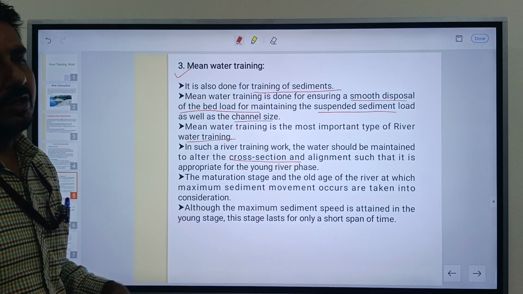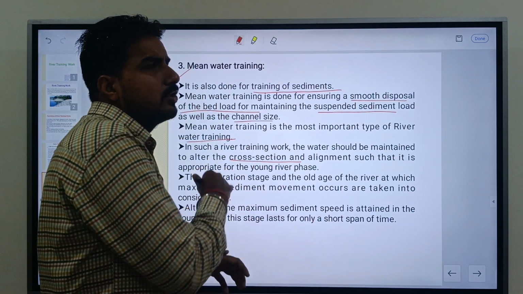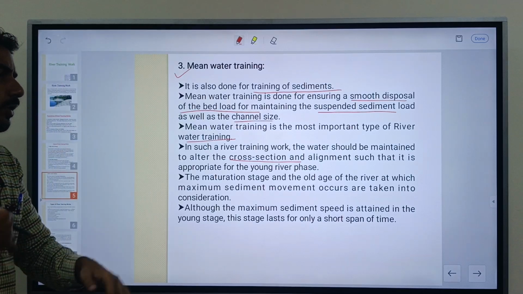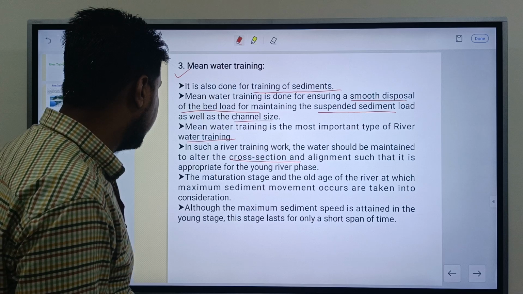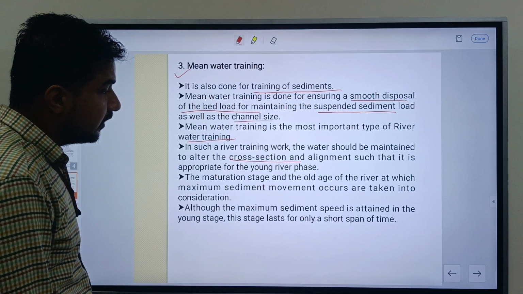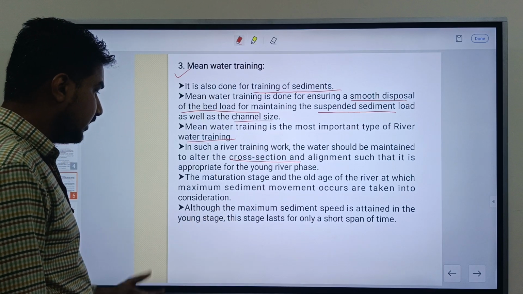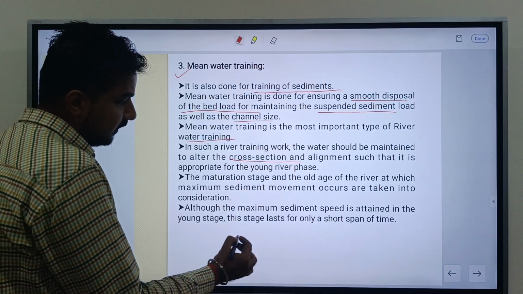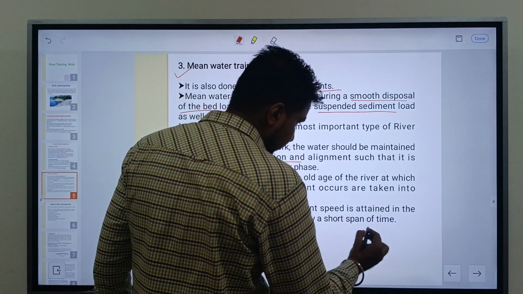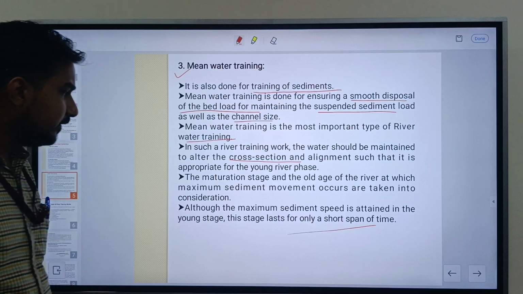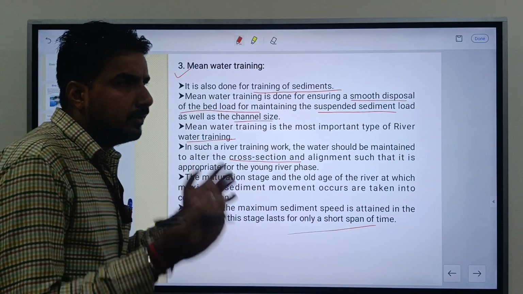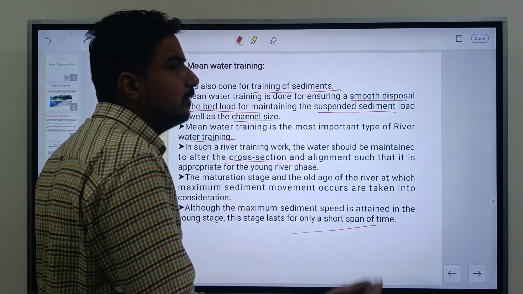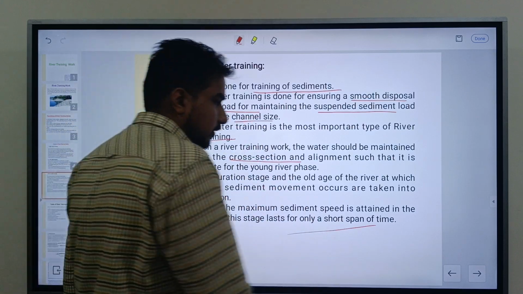If the river is of old age, then we have to provide maintenance for easy and safe disposal of the sediments. Although the maximum sediment speed is attained in the young stage, this stage lasts for a short span of time. It is very useful for the maximum sediment speed, and also regulates the speed and safely disposes of sediments to the other side.